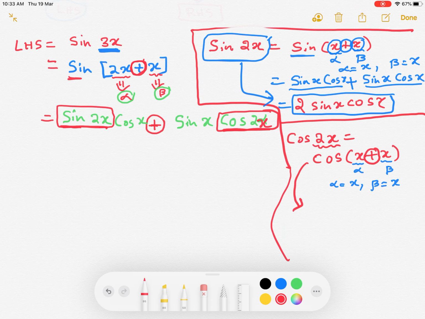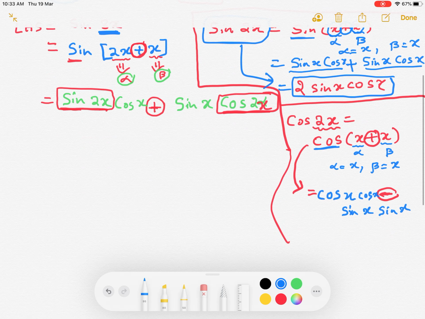Here it is plus, so in the formula the sign will be negative. This is cosine function, so the functions are different. No, same. The functions are same. Cosine alpha cosine beta minus sine alpha sine beta.